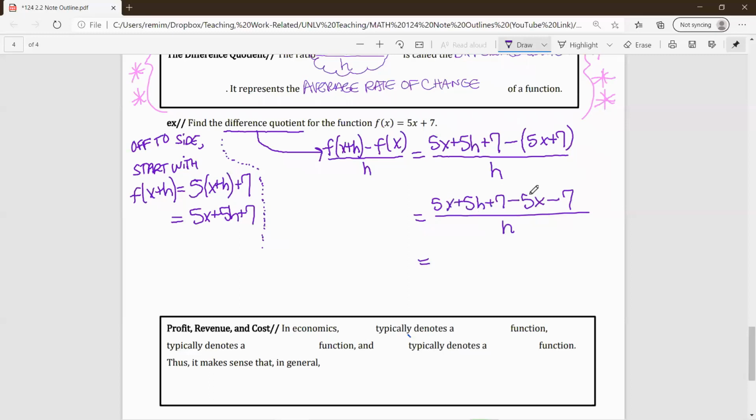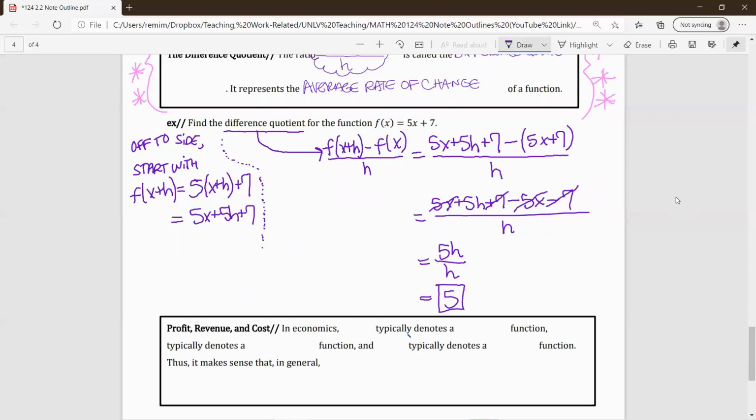Let's look at this numerator. Some of these terms are canceling each other out. This plus 7 is going to cancel with this minus 7, and this 5x is going to cancel with this minus 5x. So all we're left with on top is 5h, and all we're left with on the bottom is h. And at this point, these h's cancel. We get just 5.